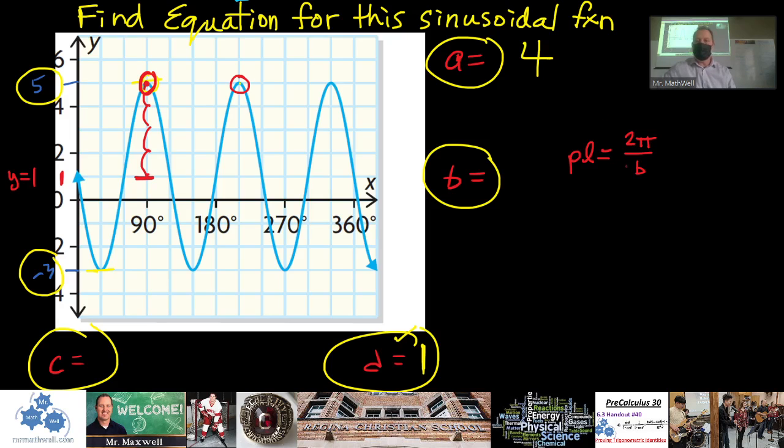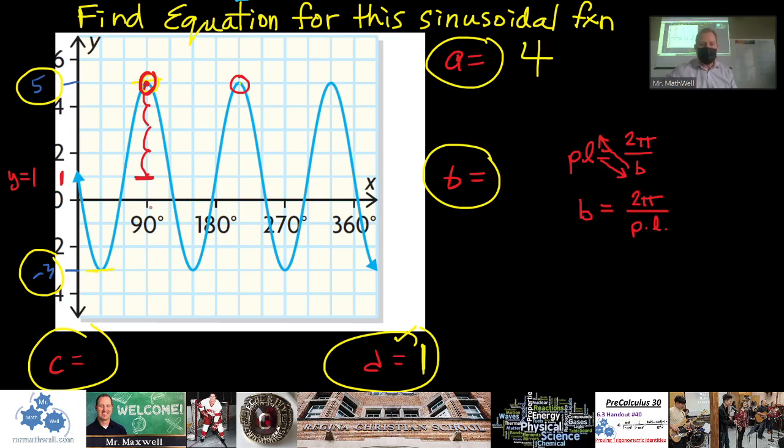If I rearrange this equation, cross multiply, I get B equals 2 pi divided by the period length. That's how you're going to find B. Very important. This is maybe the least logical part of this, but because B is related to the period length in a certain way, we can solve for B by taking 2 pi and dividing it by the period length that we see.